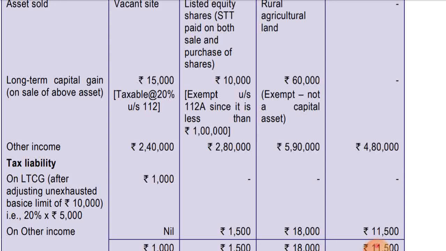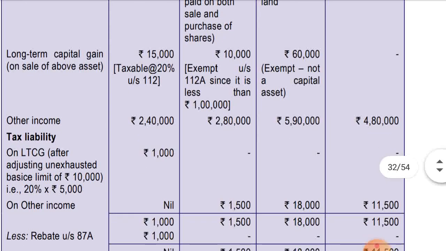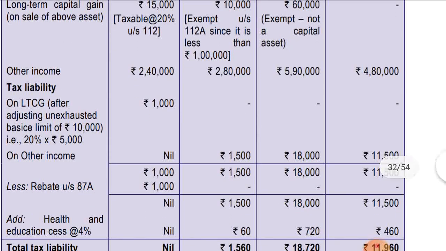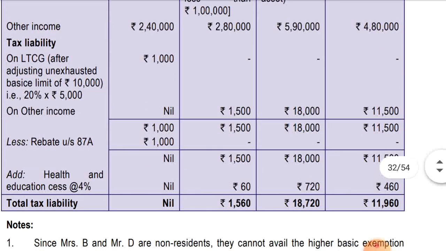After deducting 2,50,000 basic exemption, it's coming to 2,30,000. On that 5% will be charged, that is coming to 11,500 tax, and after adding health and education cess of 4%, it's coming to 11,960.